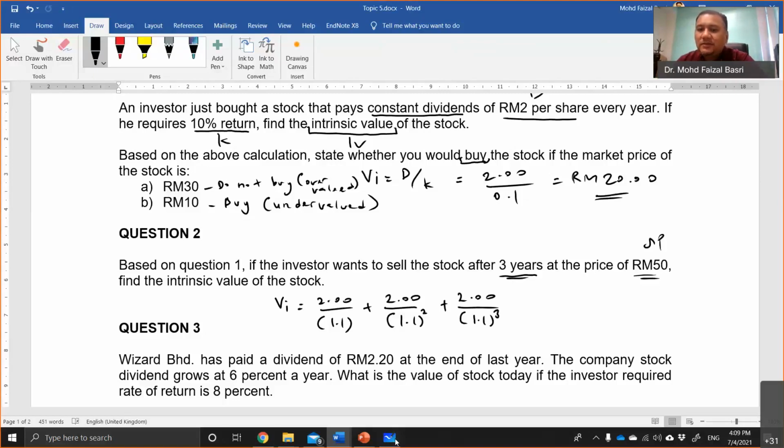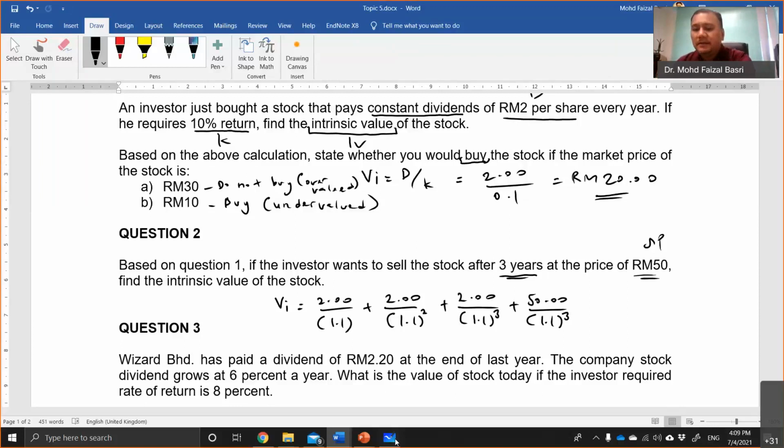And don't forget to present value the selling price. Okay, our selling price is 50 ringgit, divided by 1.1 to the power of 3 as well. Remember, our N must be the same for the final year's dividend and the selling price.